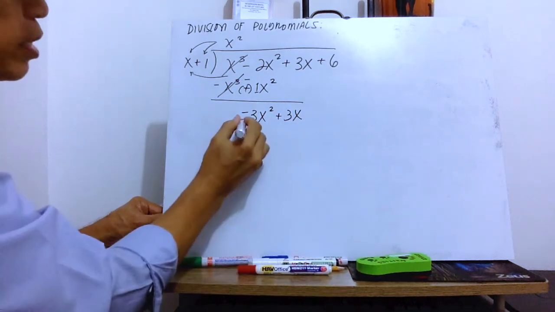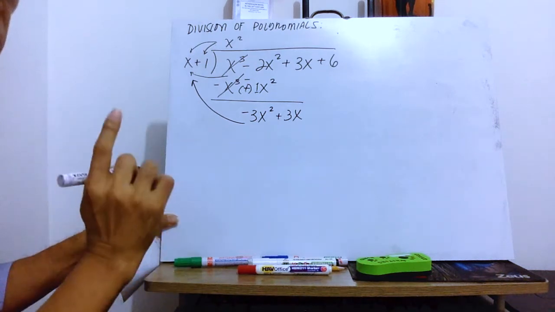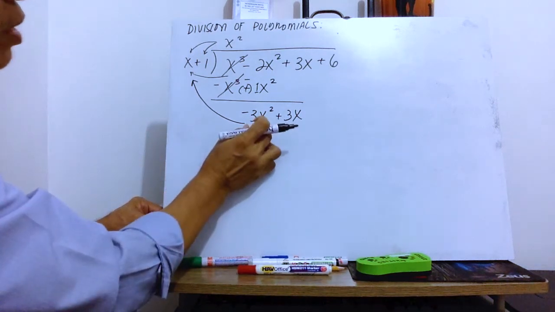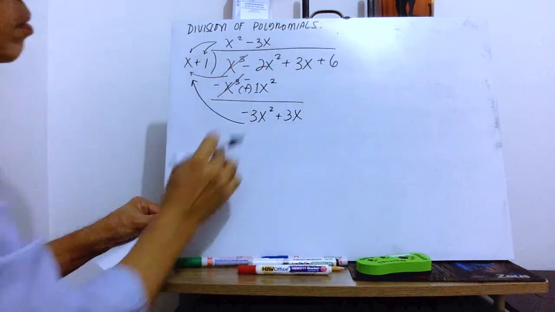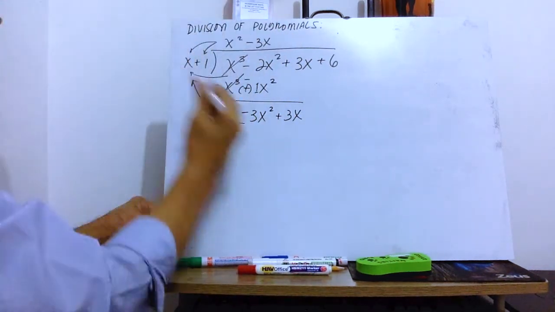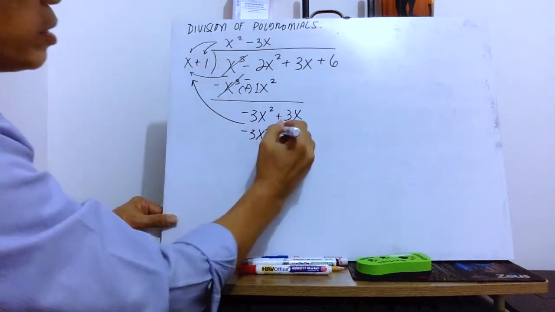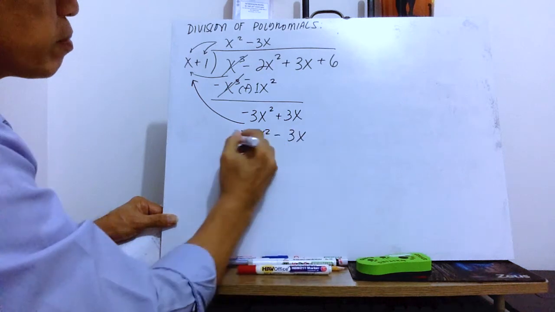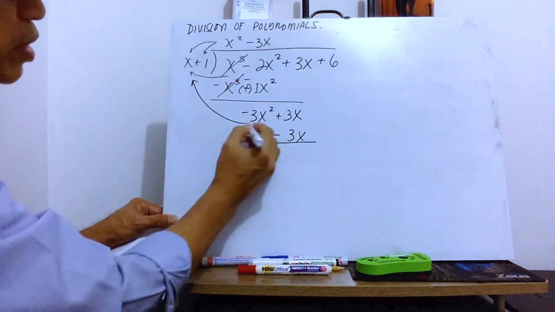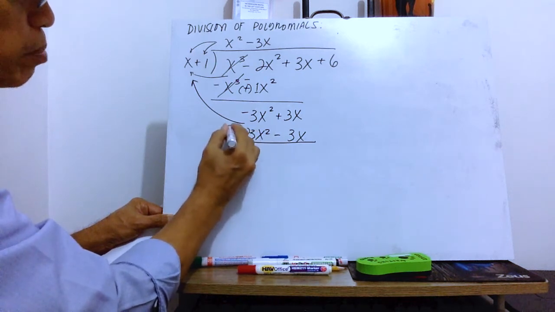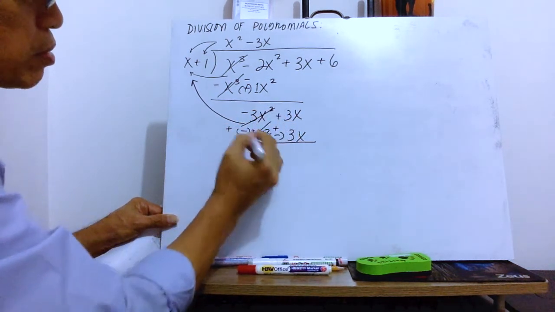And then divide again. Divide once, multiply twice. Negative 3x squared divided by x, that's negative 3x. Then multiply back, it becomes negative 3x squared, and then negative 3x. Change signs, make this positive, make this positive, this cancels out.